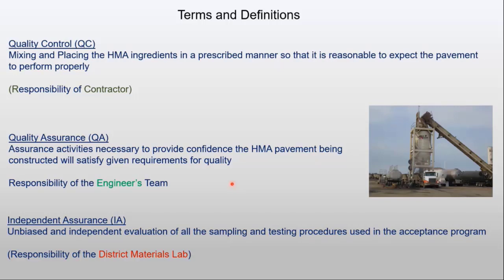Quality assurance is the activities necessary to provide confidence the HMA pavement being constructed will satisfy the given requirements, and that's the responsibility of the engineer's team, including the asphalt pavement inspector. Independent assurance is the unbiased and independent evaluation of all the sampling and testing that's going on and used for acceptance, and that's the responsibility of the district materials lab.